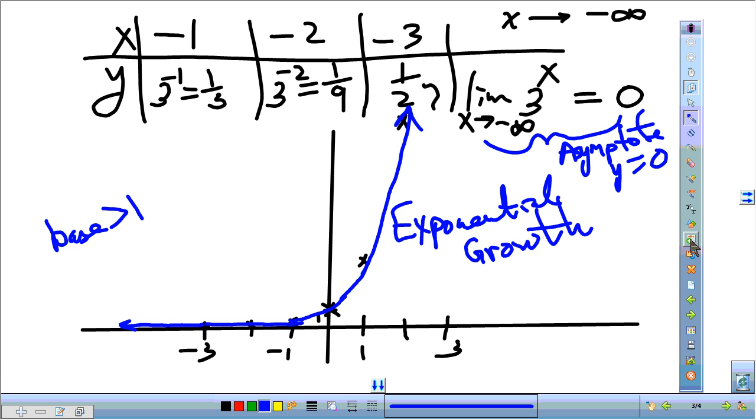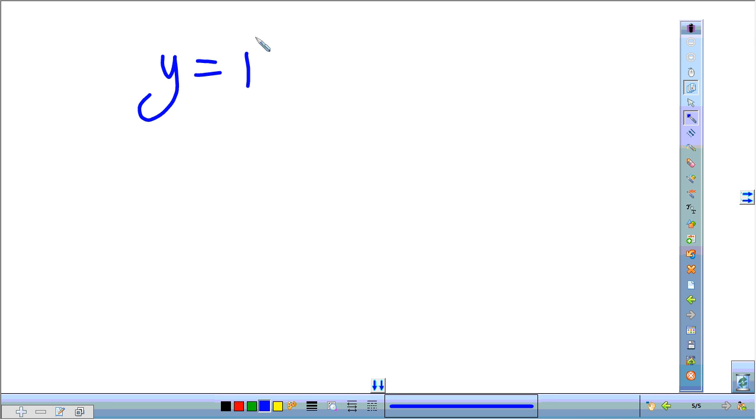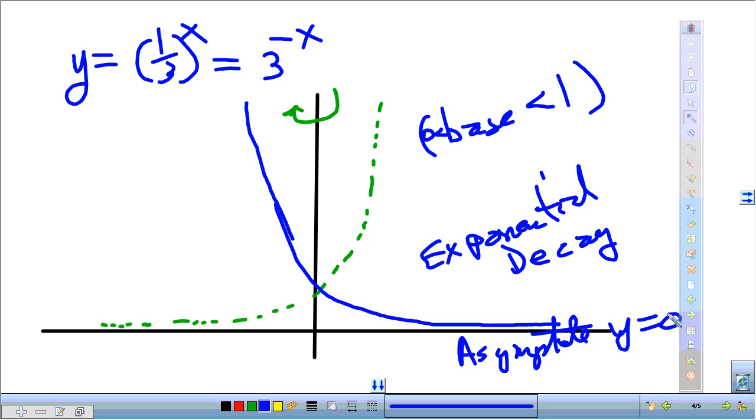Base equal to 1 is a special case because it's just the straight line y equal 1. But otherwise, if the base is a number like 3 or something bigger than 1, this is exponential growth. If the base is less than 1, it's exponential decay. Okay. Growth or decay, it's asymptotic. It's just in a different direction. So asymptote y equals 0 in the exponential decay, just like growth.